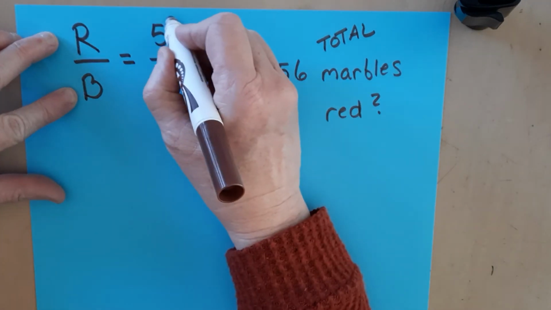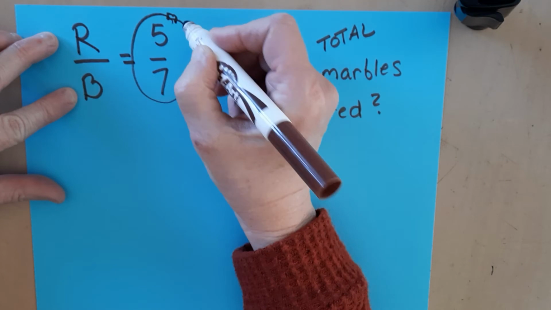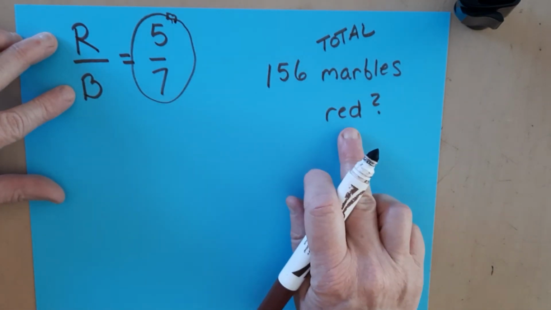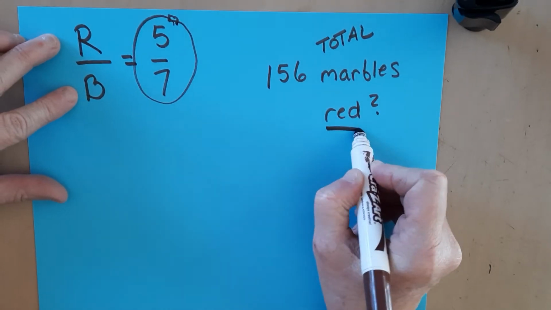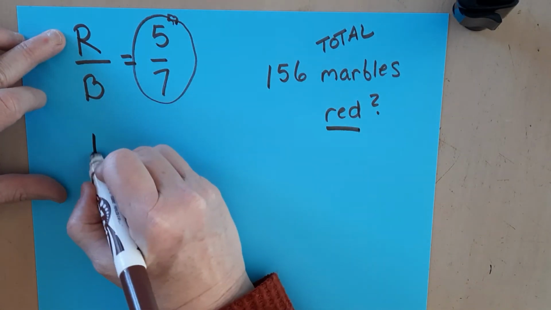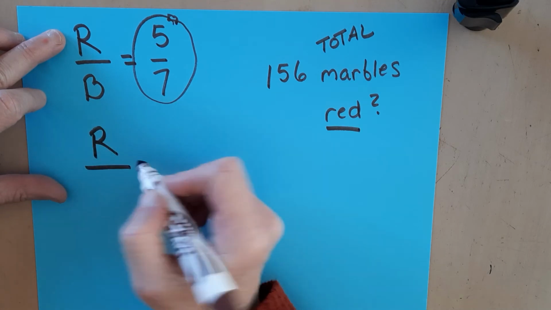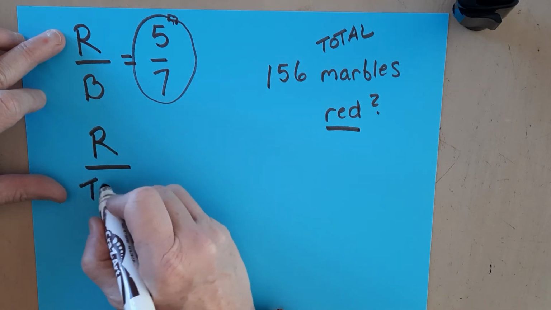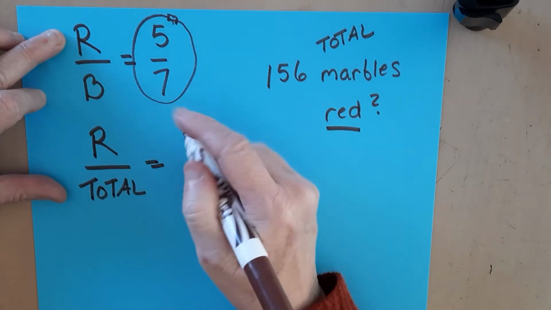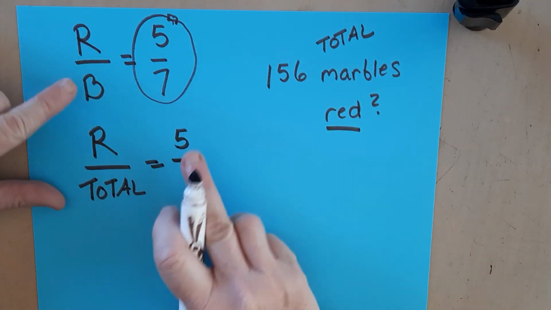So the total number of marbles in this bag would be 12. And we're going to set up a ratio that also has red in it, because that's what we're looking for. So in this bag, the number of red marbles in ratio to the total number of marbles would be 5 to 12.